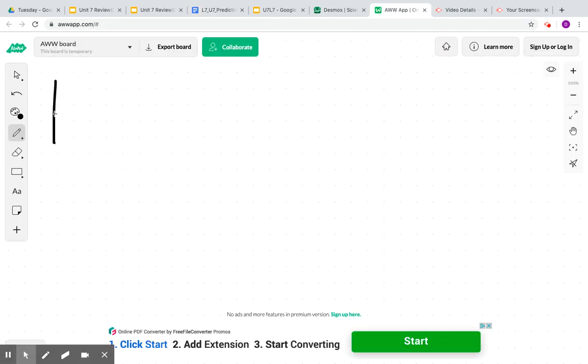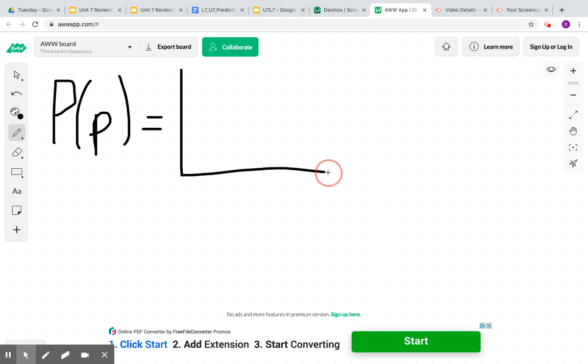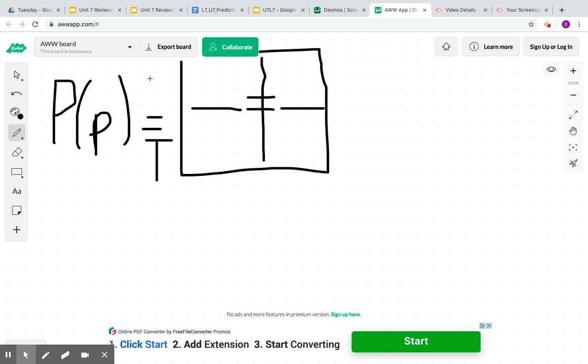So the probability of selecting a purple paper from this envelope is equal to, setting up my proportion box, equal sign in the middle, got my fractions, labeling it, total number of outcomes, and our desired result is purple.